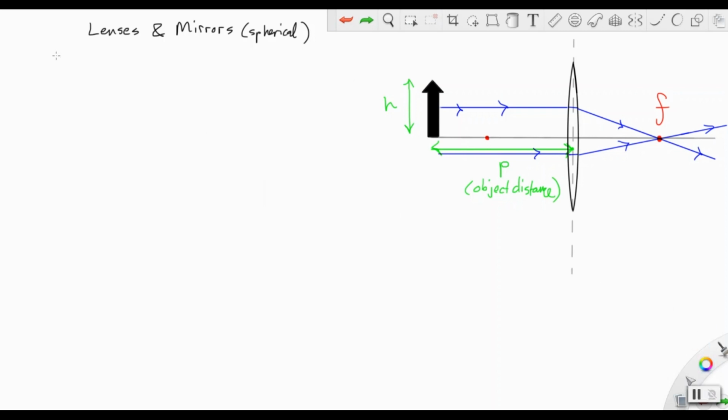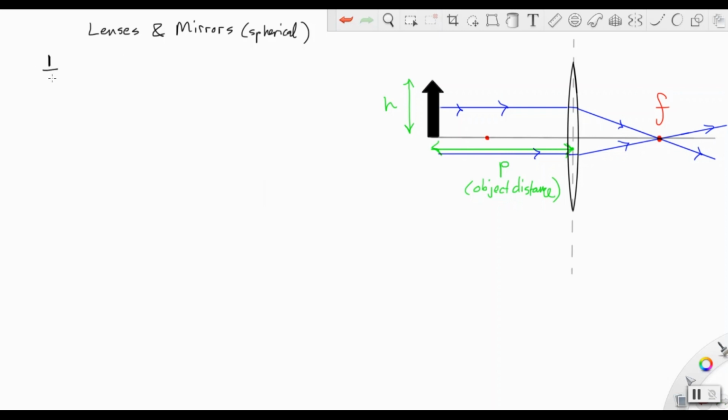There's going to be two main equations, and the exciting thing about this is that those equations are going to be useful for both lenses and for mirrors. Okay? So here is your main equation.